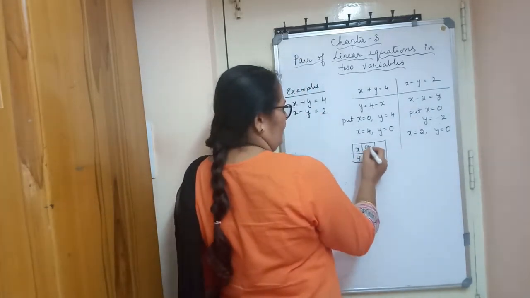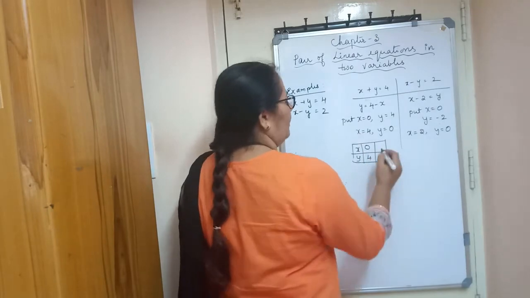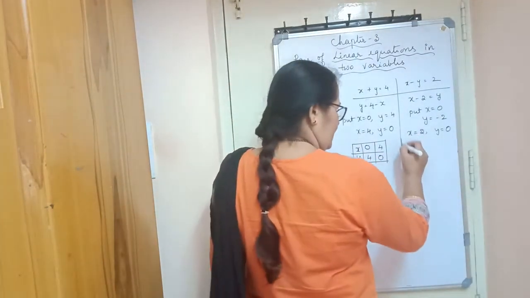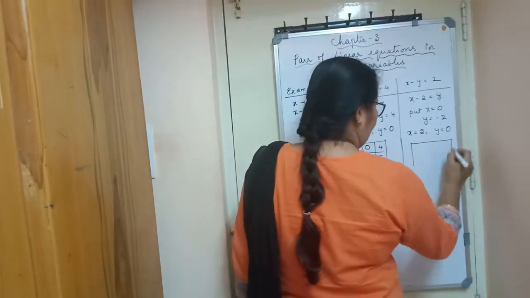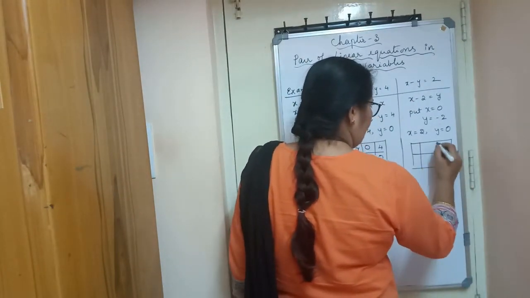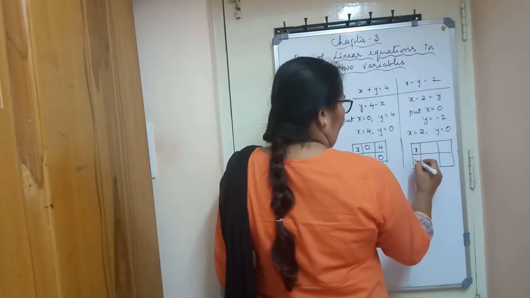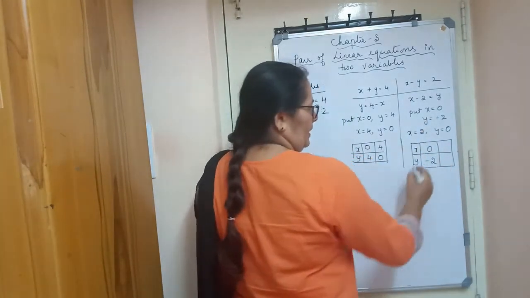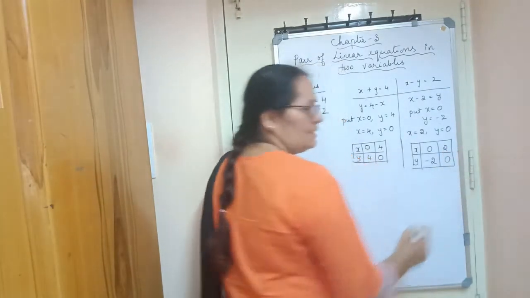When x is 0, y is 4. When x is 4, y is 0. And in the other equation, when x is 0, y is minus 2. When x is 2, y is 0.